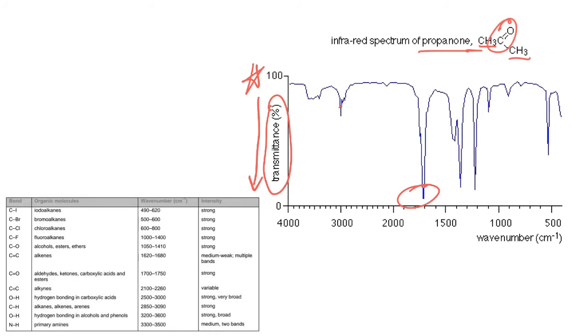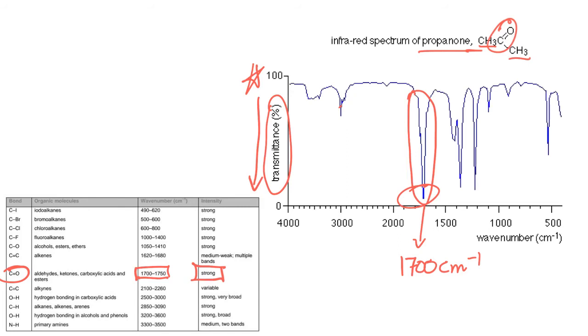So for example here, the one I circled, this really strong band that occurs at around 1700 wave number corresponds to our C double bond O band, right? It's in that range of 1700 to 1750, and it is of strong intensity. And it's a ketone.